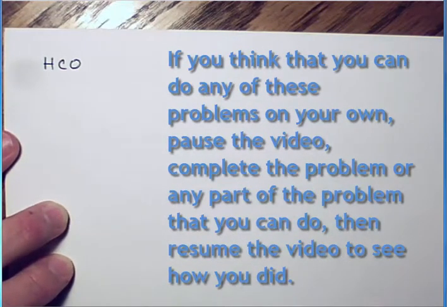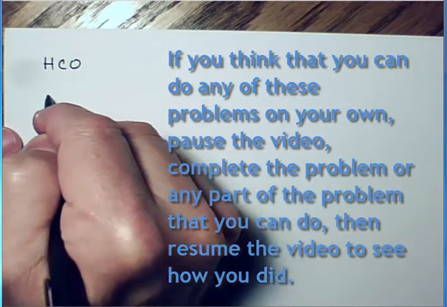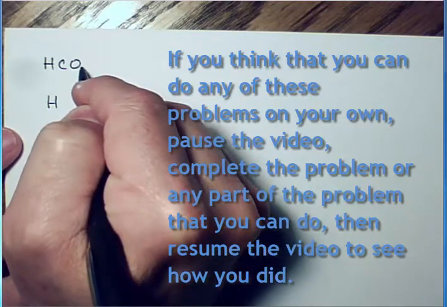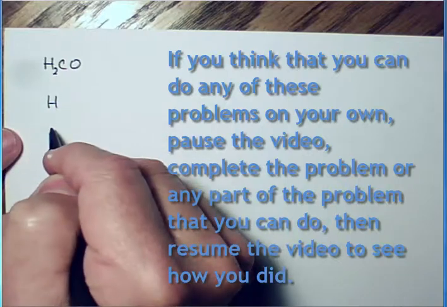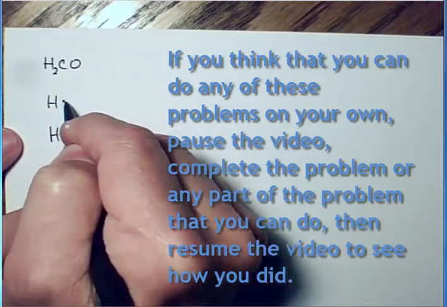So, how many electron dots do you have around a hydrogen? Let's make it H2CO. 1 dot around hydrogen.